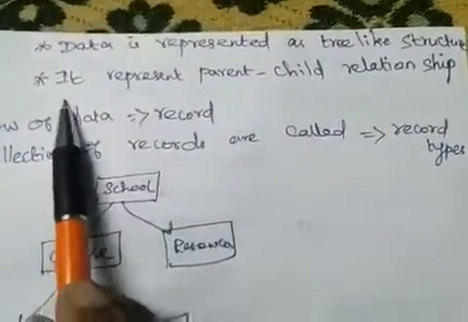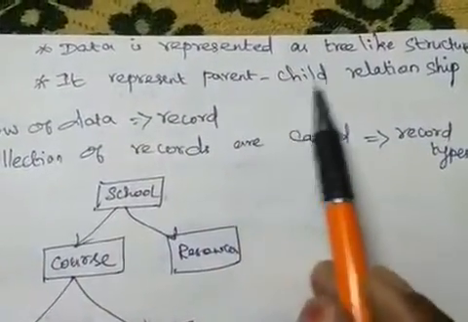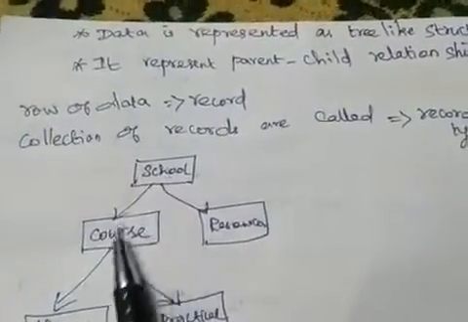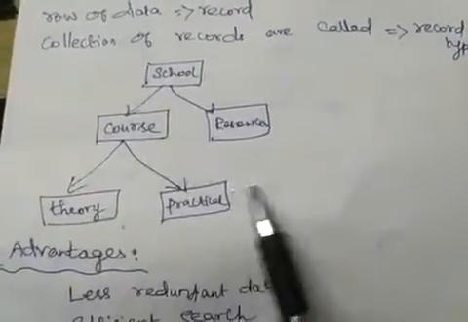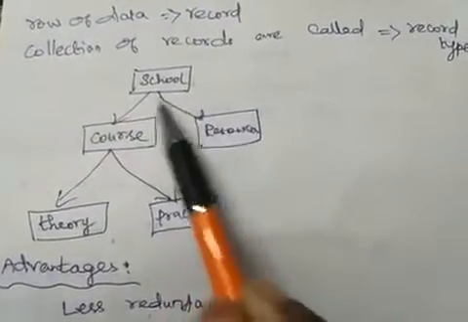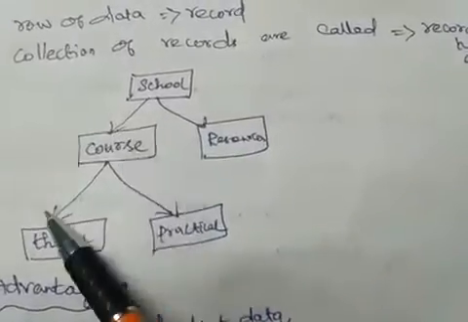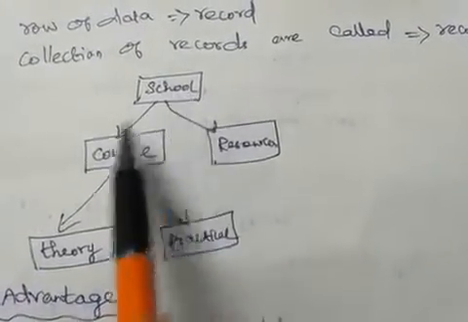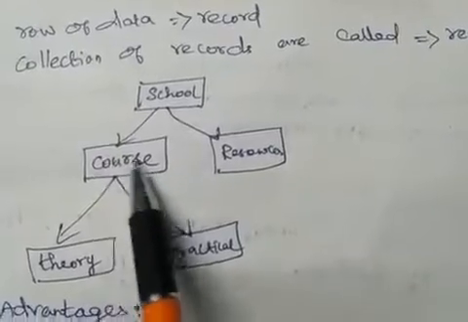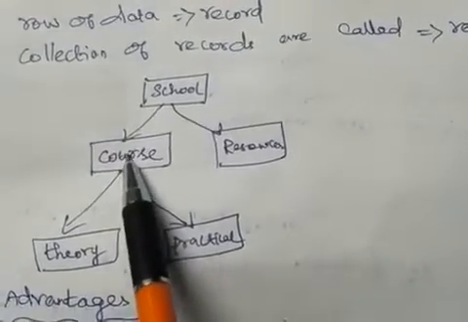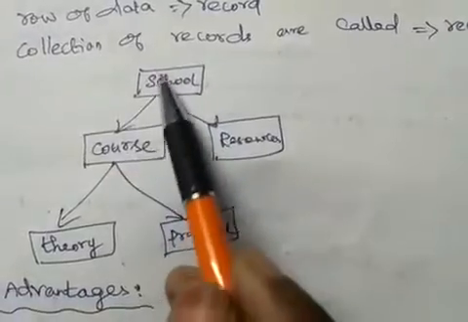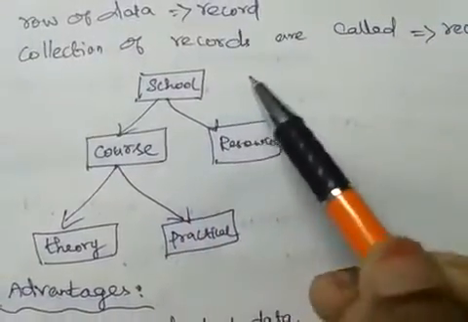Then the data is represented in a parent-child relationship. This is one table, and from this table we create other subtables and link those tables in a parent-child relationship. Any record or data we fetch from this database is related with the above, that is the super database.